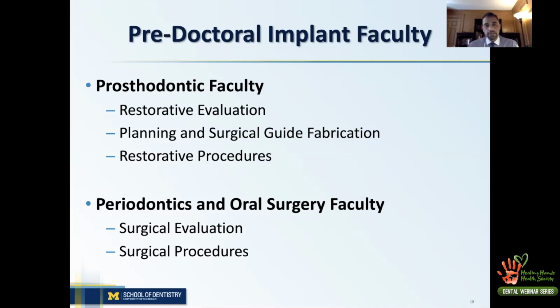And finally, they restore the case under the supervision of the prosthodontic faculty. And then periodontics and oral surgery faculty do the surgical evaluation. So from a surgical standpoint, they evaluate if the patient would fall under the pre-doctoral implant criteria. They have sufficient bone, they can get implants. And then the surgical procedures are done by their residents under their supervision.